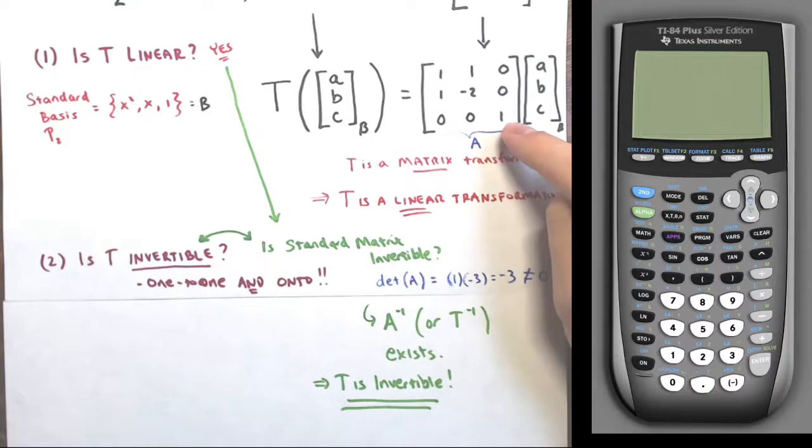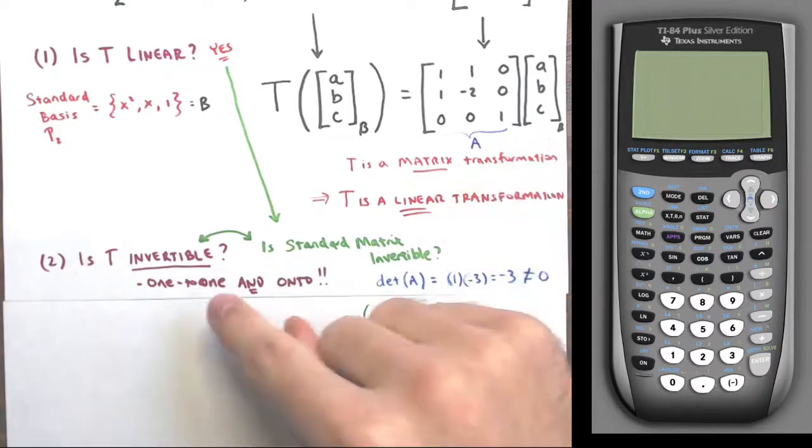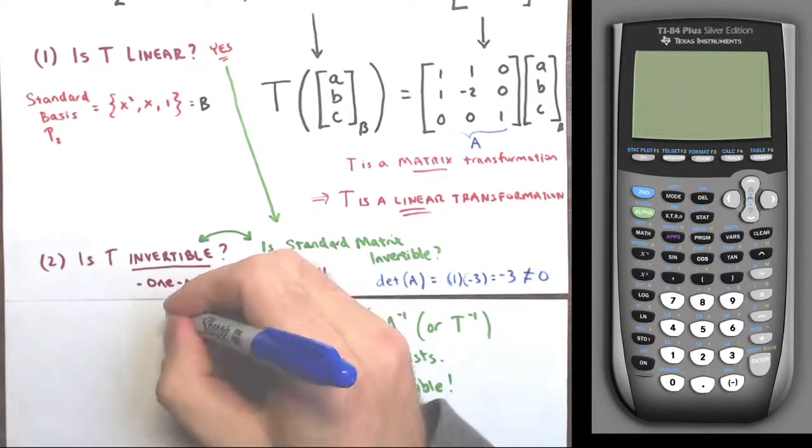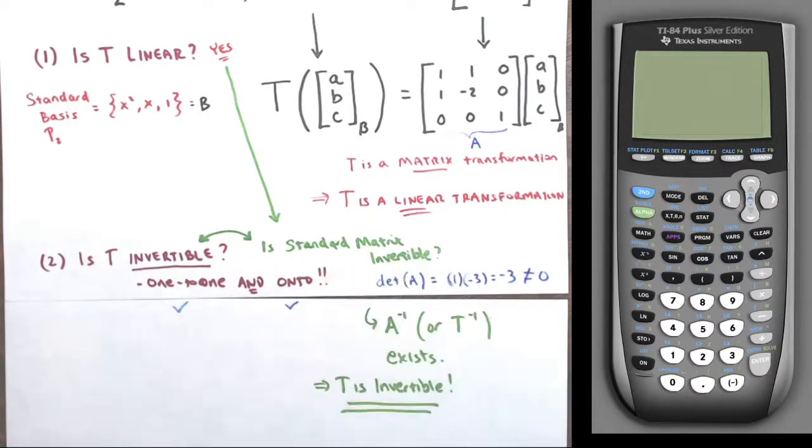So when you put this into reduced echelon form, it would just be the 3x3 identity matrix. So every column would be a pivot column, and there wouldn't be any rows of zeros, so it would be one-to-one, check, and onto. So yes indeed, T is invertible.